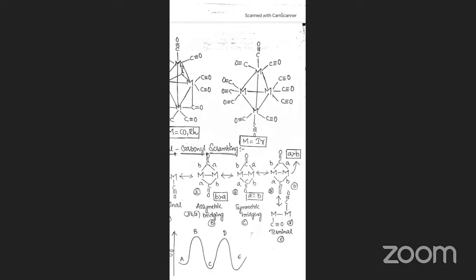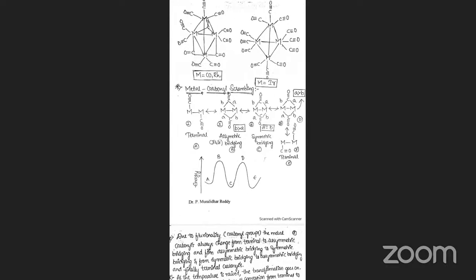I will explain the latter previously in this. So the four metals are bound in a tetrahedral manner. One metal, two, three, four metals. Each metal-metal bond is connected.